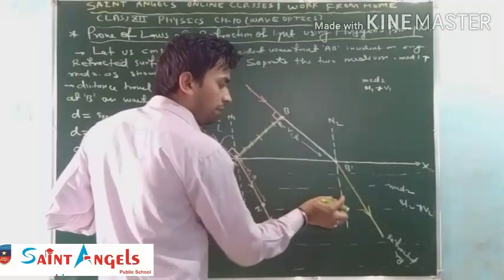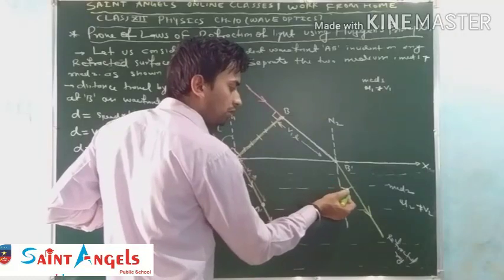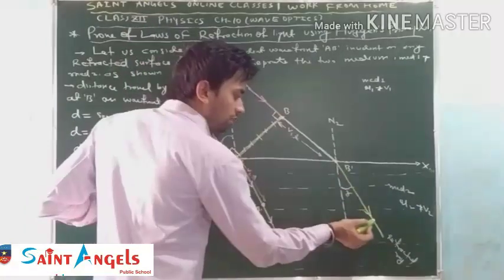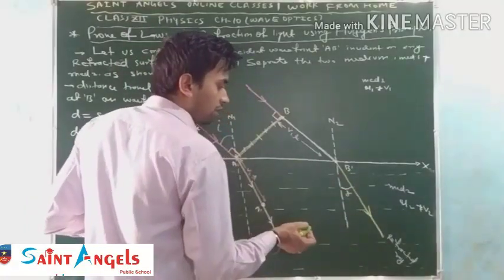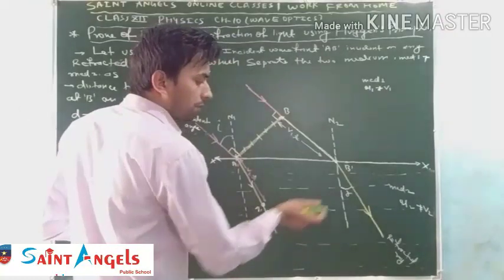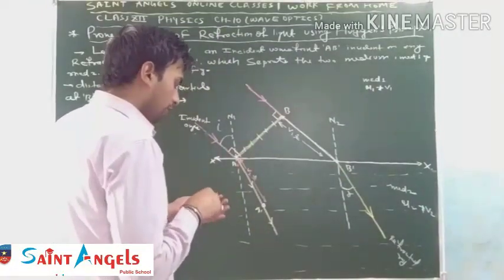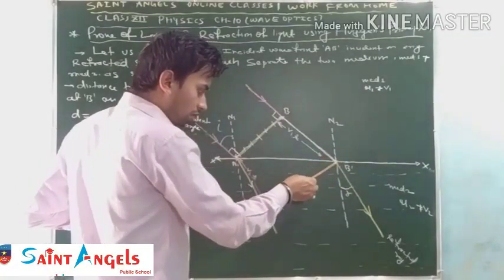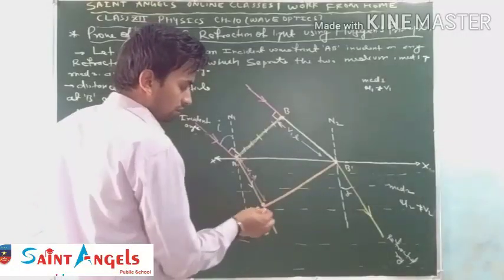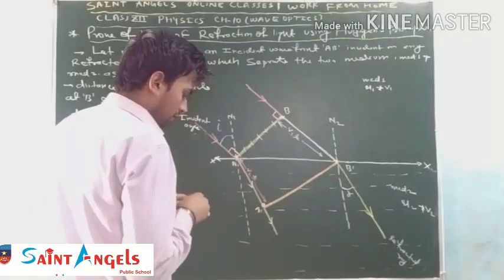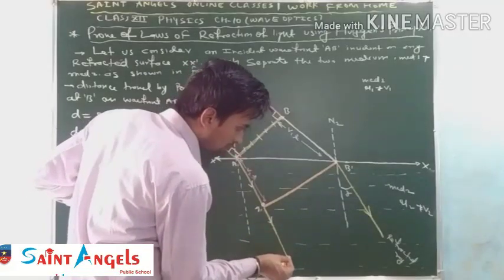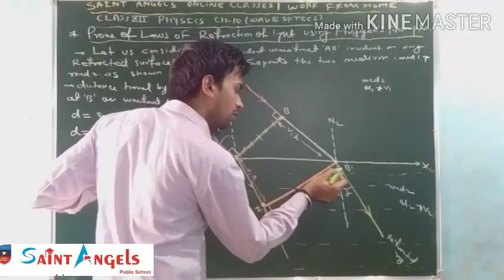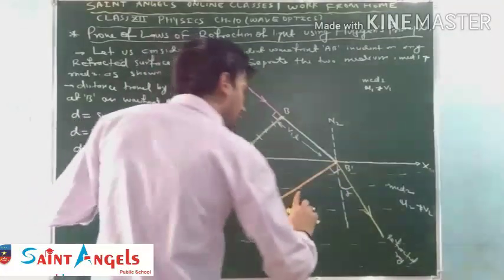We know that the angle between the refracted ray and normal is known as the refracted angle. Now student, these two are the refracted rays, and we know that the wavefront is perpendicular to the rays. So the refracted wavefront is the plane perpendicular to these refracted rays. So this is the refracted wavefront.